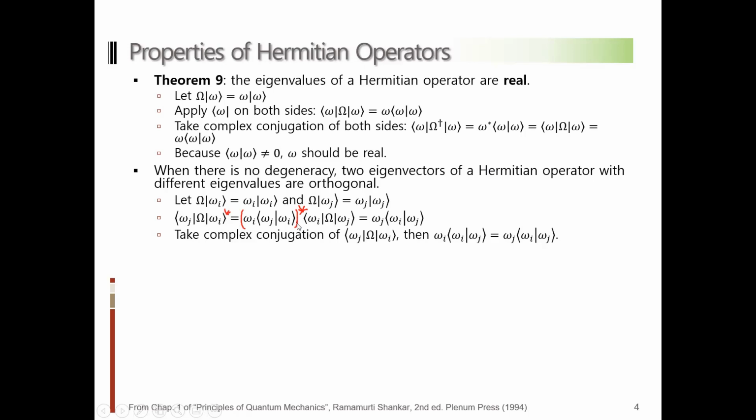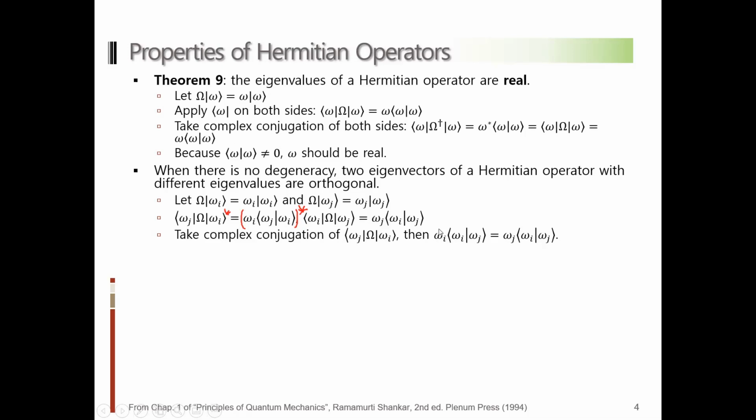Then what about the right-hand side, two components? So this component should be the same as this one. And if we apply the complex conjugation on each vector, then this one should become omega sub i star. But I didn't use the star. Why? Because I said that any eigenvalues of the Hermitian operator should be real.